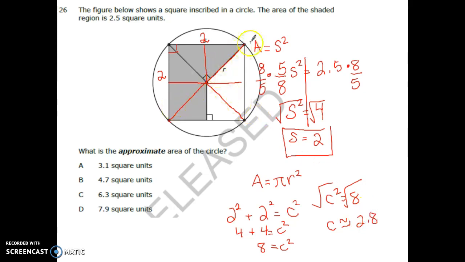So this entire thing is 2.8, which means half of 2.8 is 1.4. So now the area is A equal to 3.14 times 1.4 squared, which is 6.2. They probably used an entire pi, and that's how they got it.